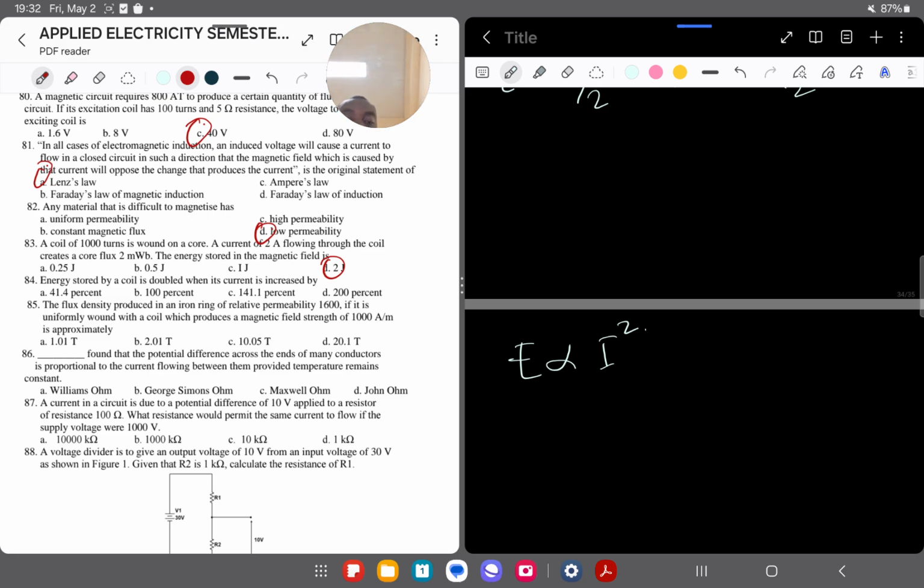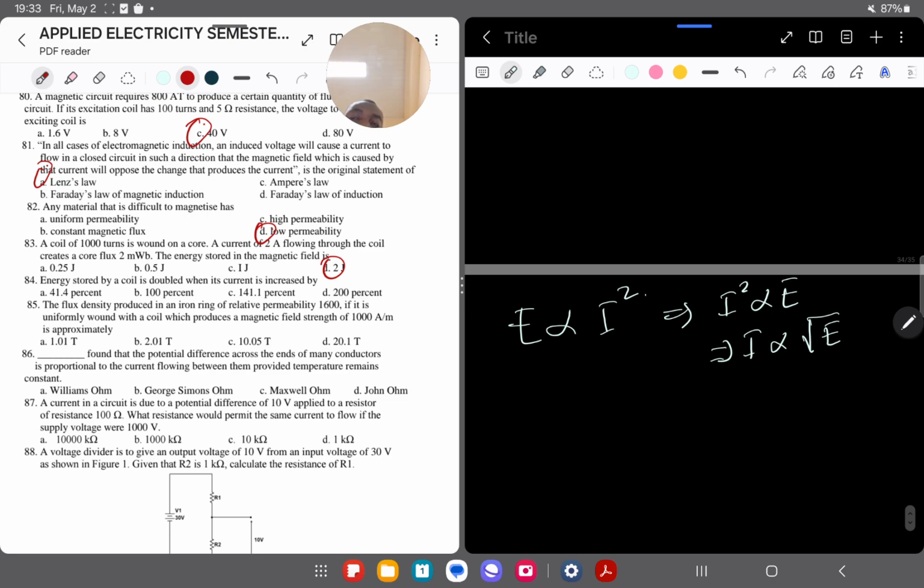In a way, we can try and make current the subject, so that current is proportional to E. If we square both sides, current will be proportional to the square root of E. So this will be the relation between the two.